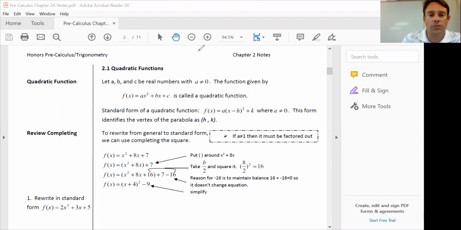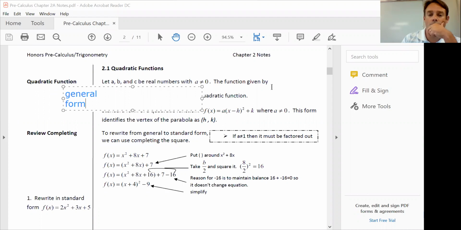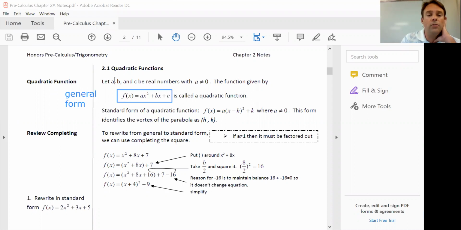Now, back in integrated 2, you called this standard form. Well, technically, we like to call it general form. And then for us, we will refer to this right here as our standard form.